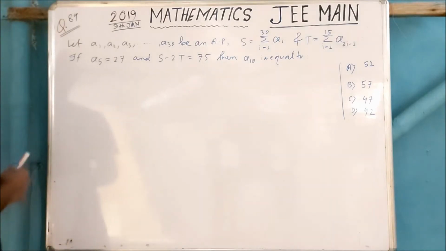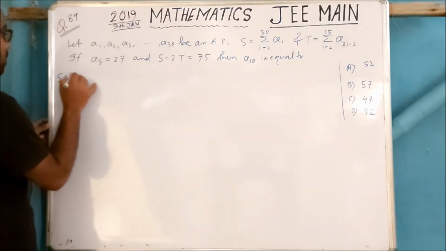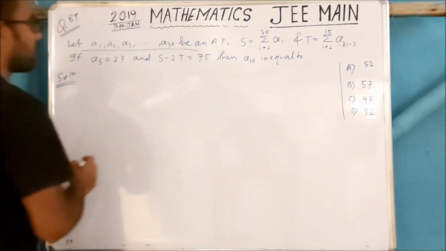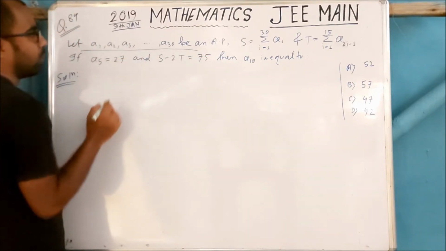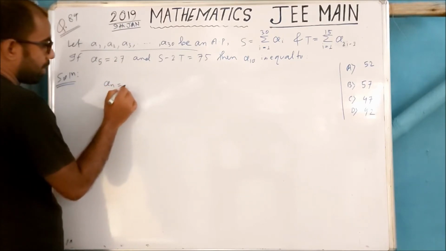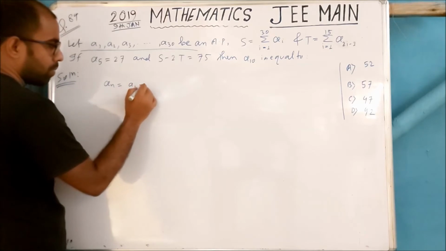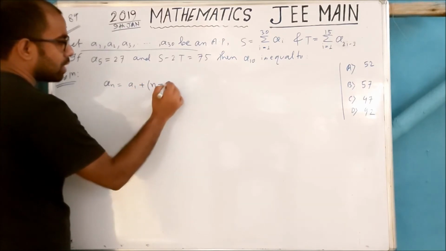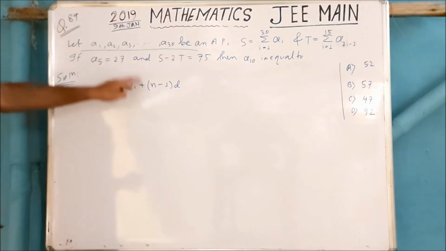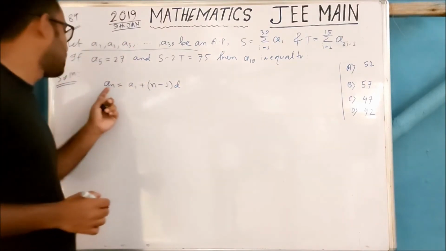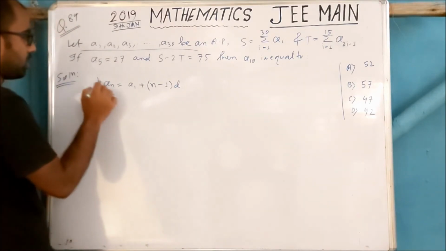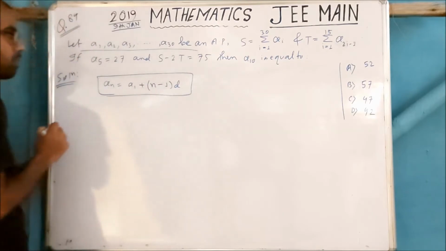So first we write the given condition: being an AP, we can write the nth term of the sequence as A1 plus (n minus 1) into D. A1 is the first element of the sequence, this is the nth term, and D is the common difference. This formula is very important for the problem.